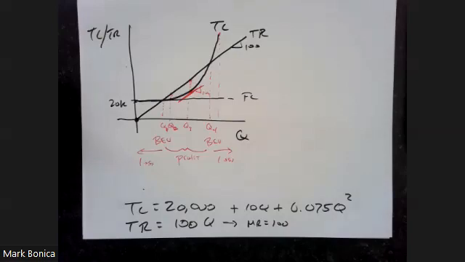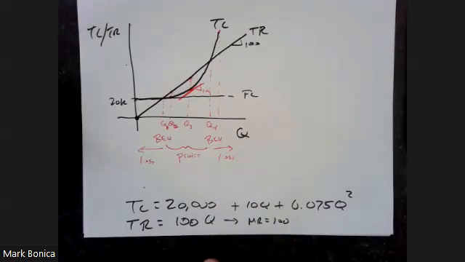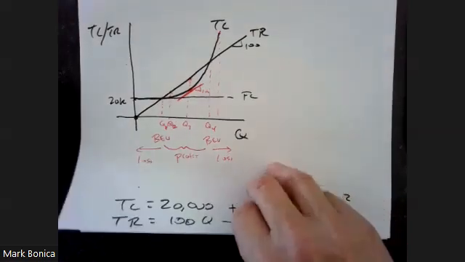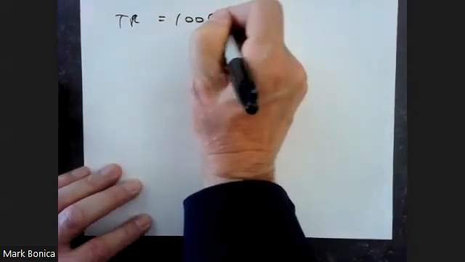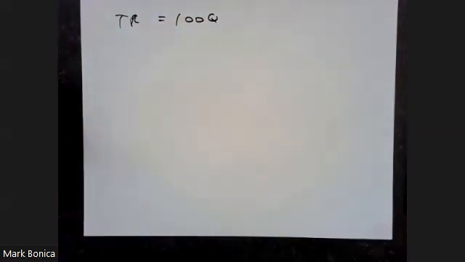Okay, so same with the total revenue curve, right? The total revenue curve for this chapter is always going to be pretty straightforward. It's 100Q. So let's talk about the total revenue curve first, and then we'll talk about how to mathematically get the marginal revenue. You can just look at this one and say, if the line's 100Q, what's the marginal revenue?